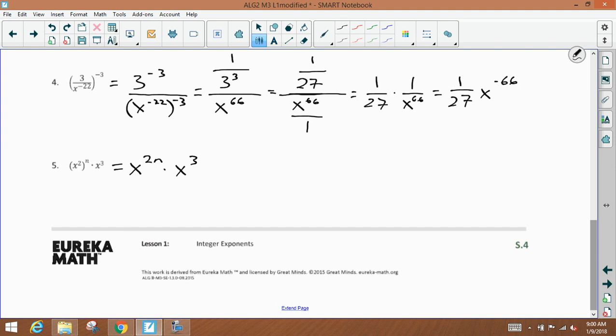And then we have a property that tells us that we would add our exponents, right? And you might say, well, that's weird because there's a variable in my exponent. Well, we'll just leave it. It's fair to just write it like that.